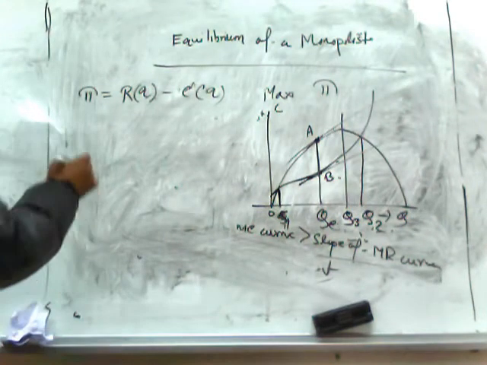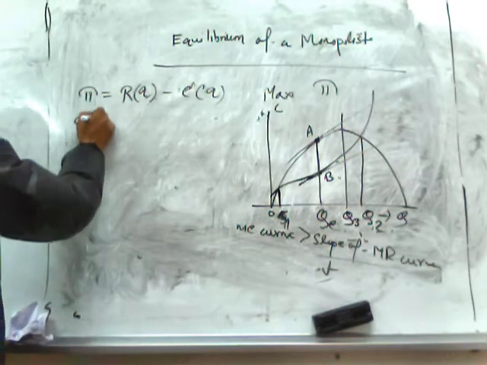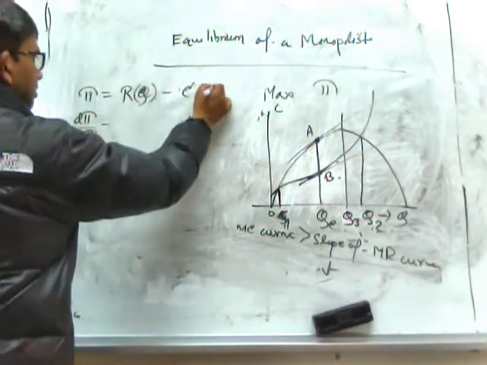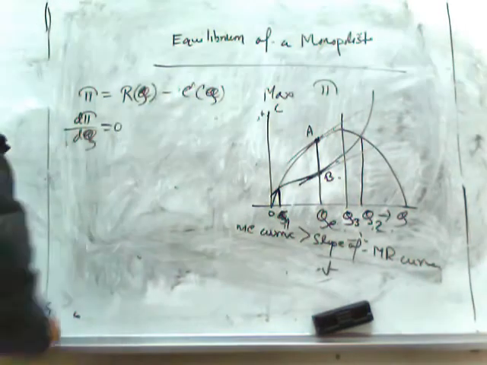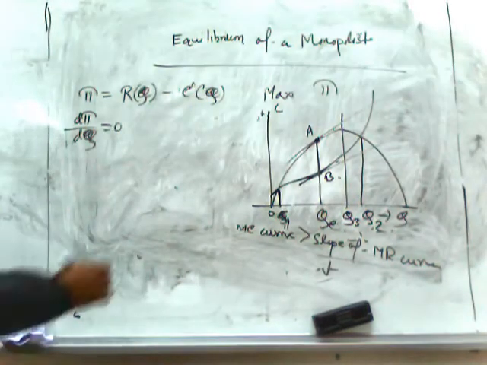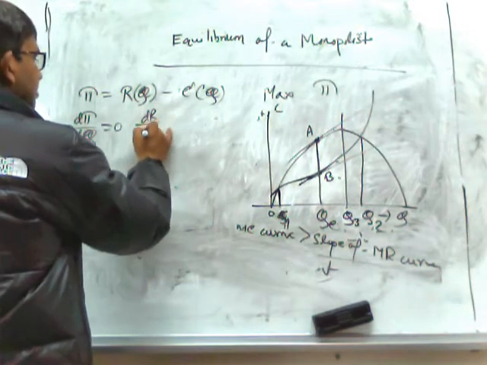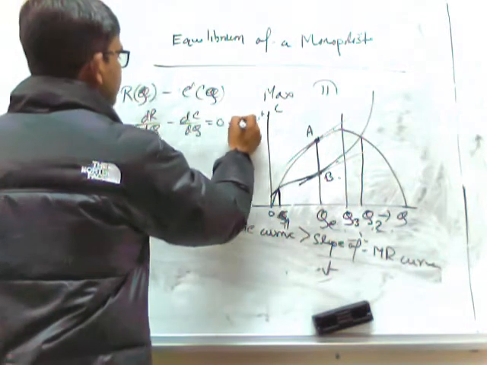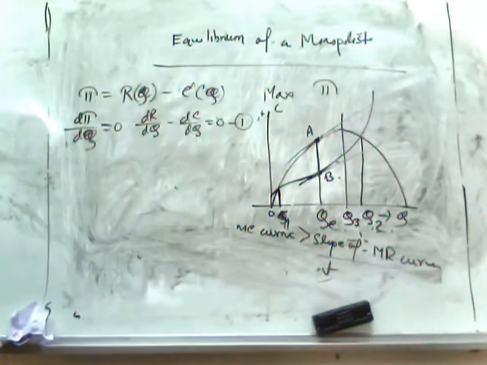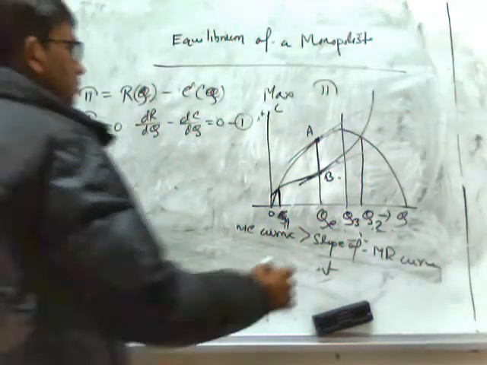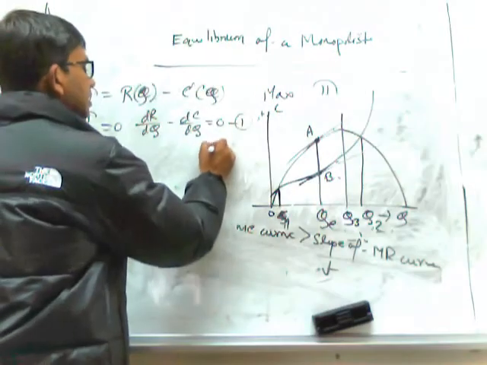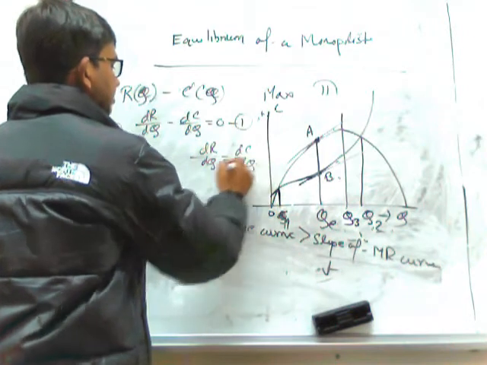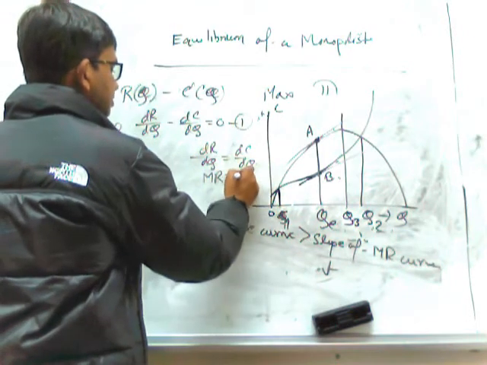So the first order condition will be the first order derivative d pi by dQ, this is capital Q, equals 0. So we can write dR by dQ minus dC by dQ equals 0. This is equation number 1. And from equation number 1, we can write dR by dQ equals dC by dQ. So marginal revenue equals marginal cost.